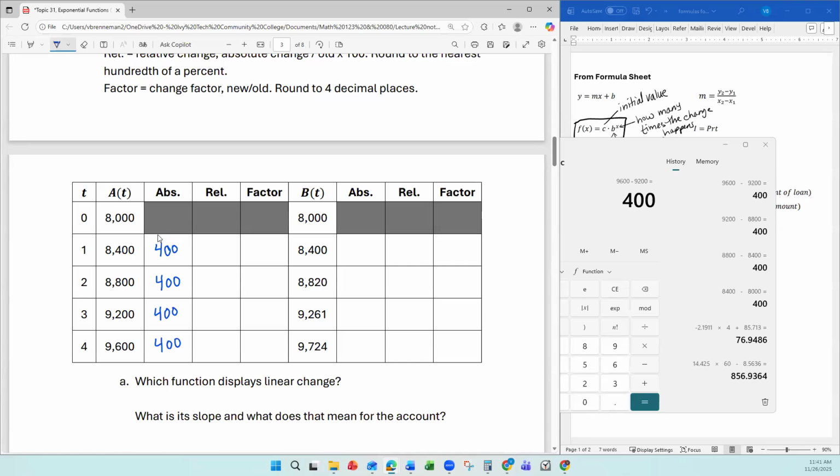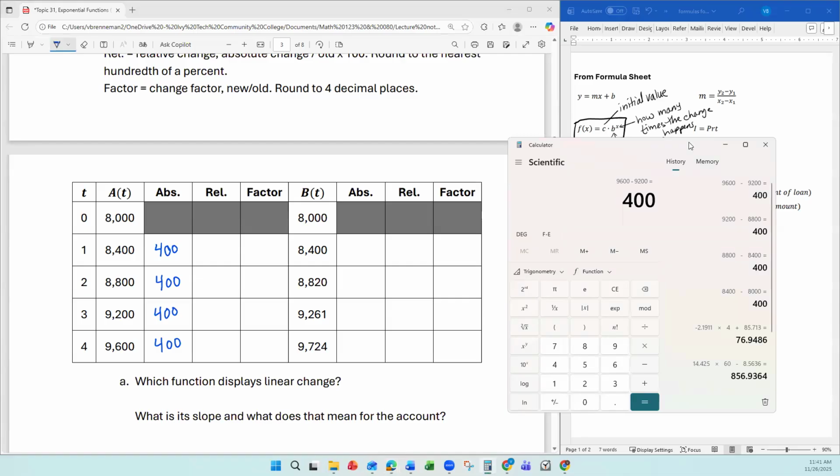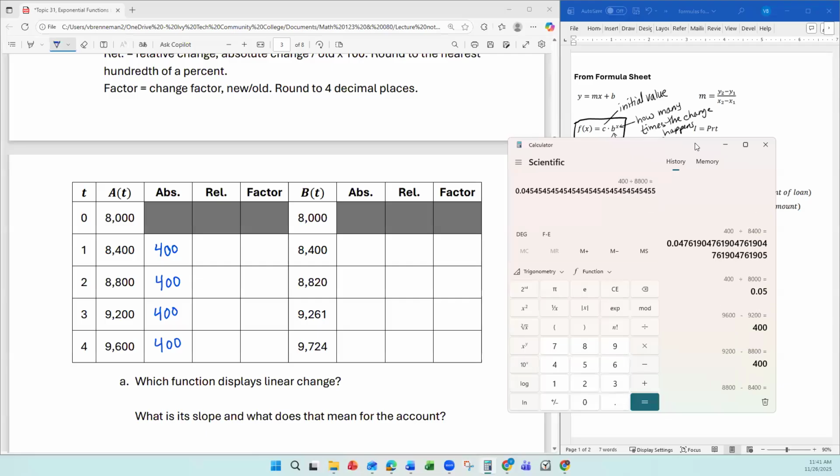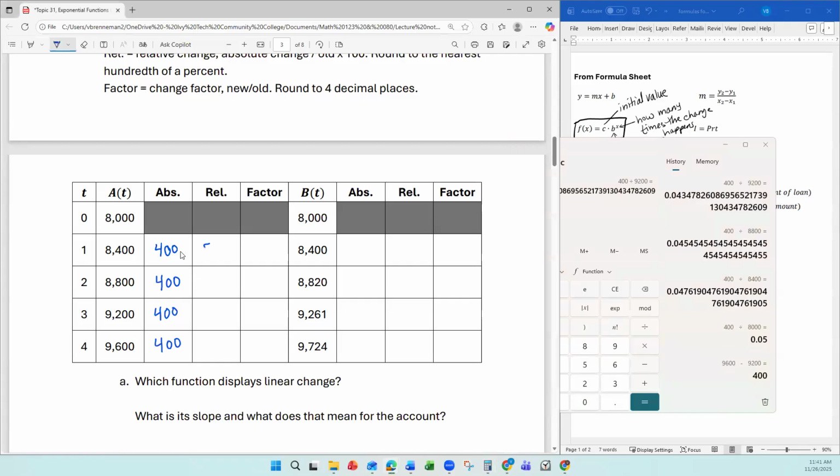For the relative change, we're looking at that 400 compared to the previous year each time. So for the first year, 400 divided by 8,000. For the second year, 400 divided by 8,400. Then 400 divided by 8,800, 400 divided by 9,200. You can see we get exactly 5% the first year.